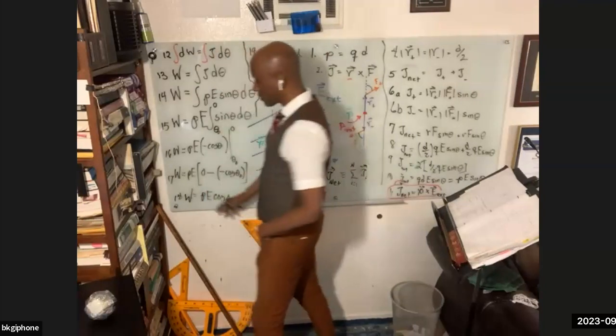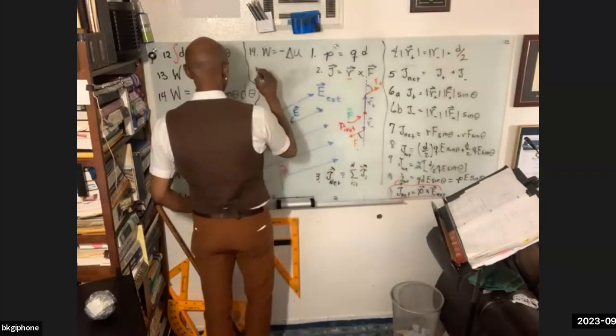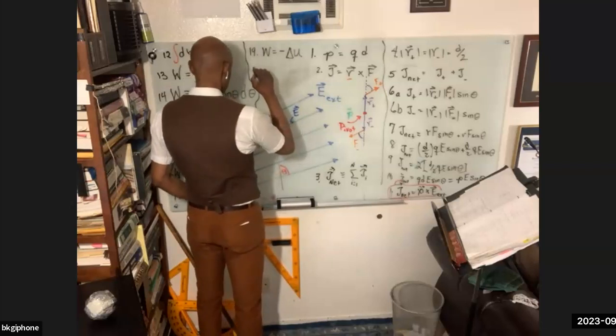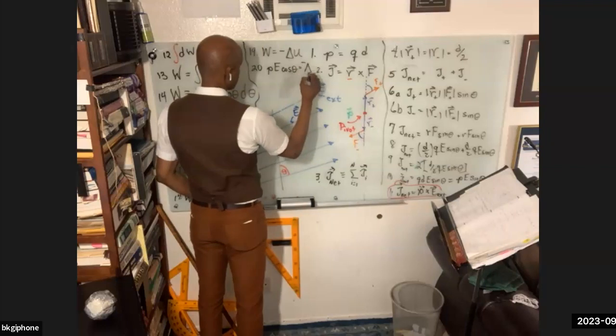Two things that are equal to a third are equal to themselves. So then we can just say from 18 and 19 that P E cosine theta is equal to negative delta U.